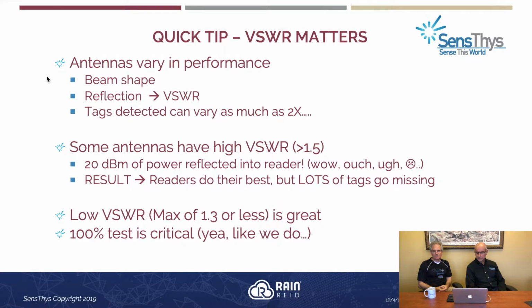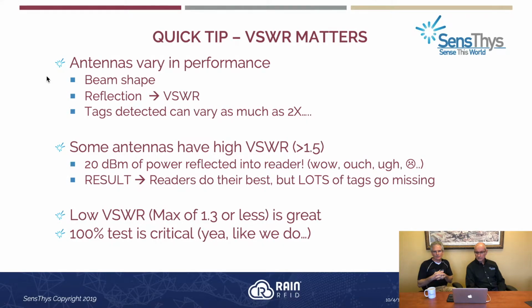They have these beautiful high sensitivity receivers. If you have an antenna with high VSWR, what that means is that it reflects a significant amount of power back into the reader. So you can have 20 dBm of power coming back into the reader, and we say some silly things like wow and ouch, but that really overwhelms the capability of this very sensitive receiver to see the tag when you're blasting that much power.